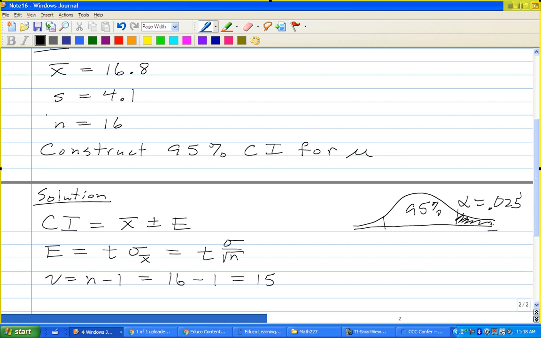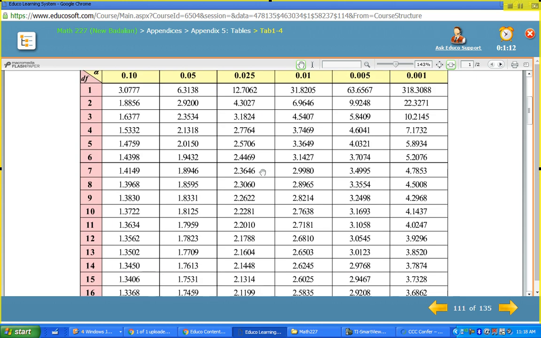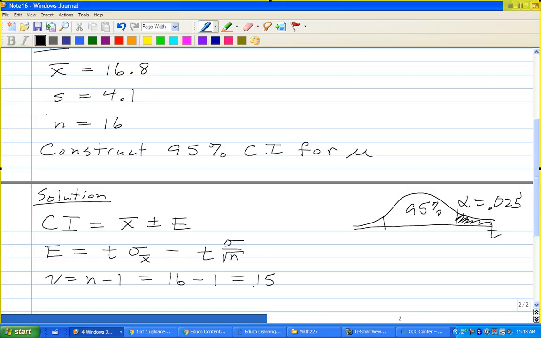Let me look this up in my table. I'll look in the third column, and degrees of freedom is 15. Let's go down to 15. There it is, and it is 2.1314.